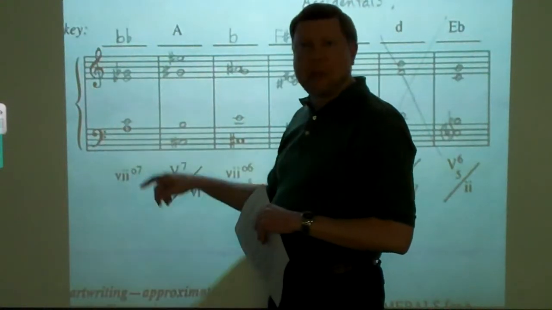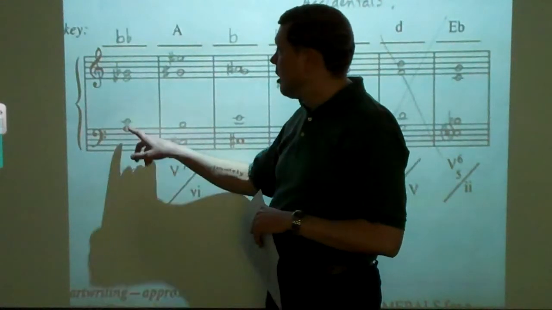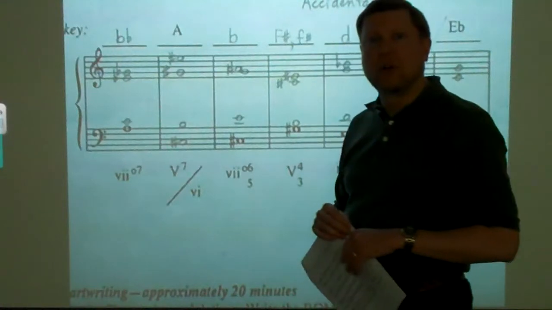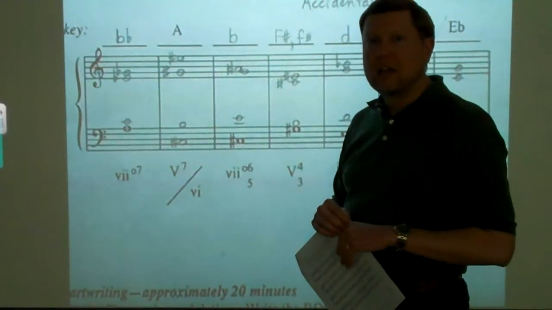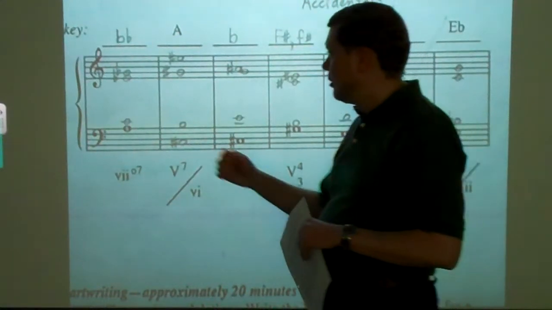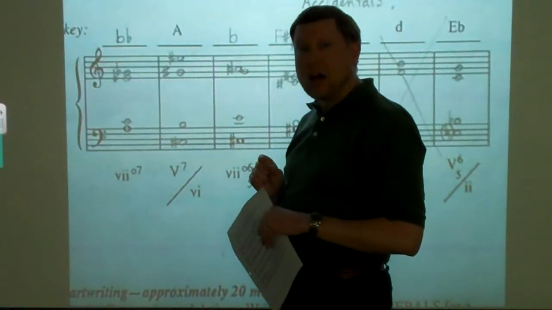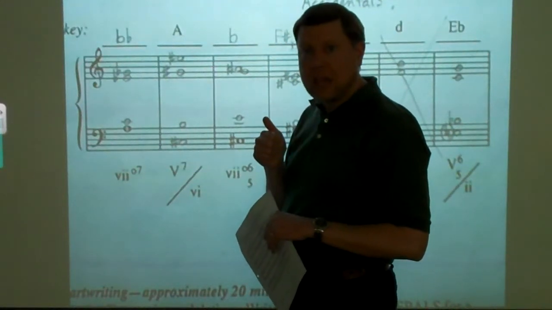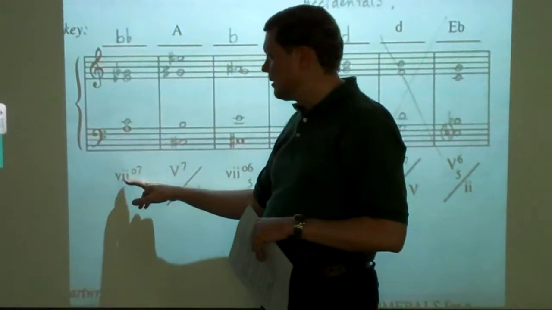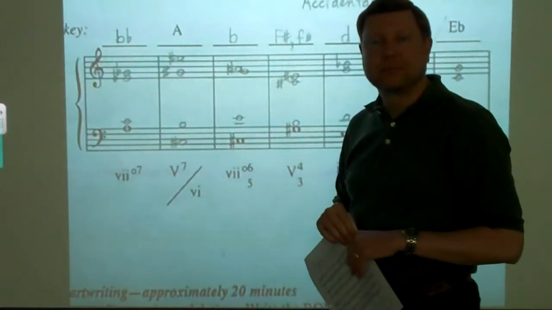Also, because we're given the bass note, A, and this chord is in root position, A is the root of my leading tone 7th chord, and that makes A the leading tone of the key I'm trying to find. So if A is the leading tone of the key, the tonic is only a half step above A, and that means the tonic note is B flat. And as I said, we're already in a minor key, so the key is B flat minor.